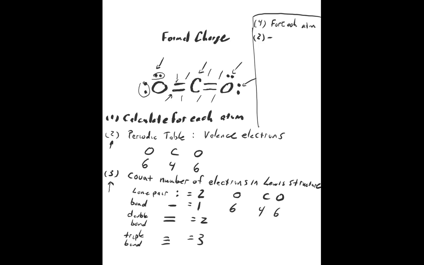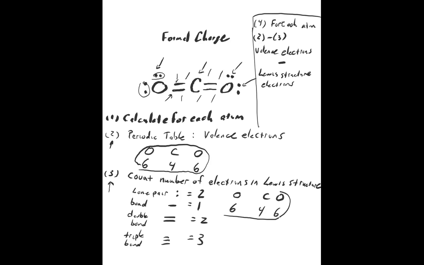So valence electrons minus our Lewis structure electrons. So this first group of numbers that we did here from the periodic table minus the second group of numbers that we have right there. Okay, again, you do it for each atom. So we're going to do OCO.